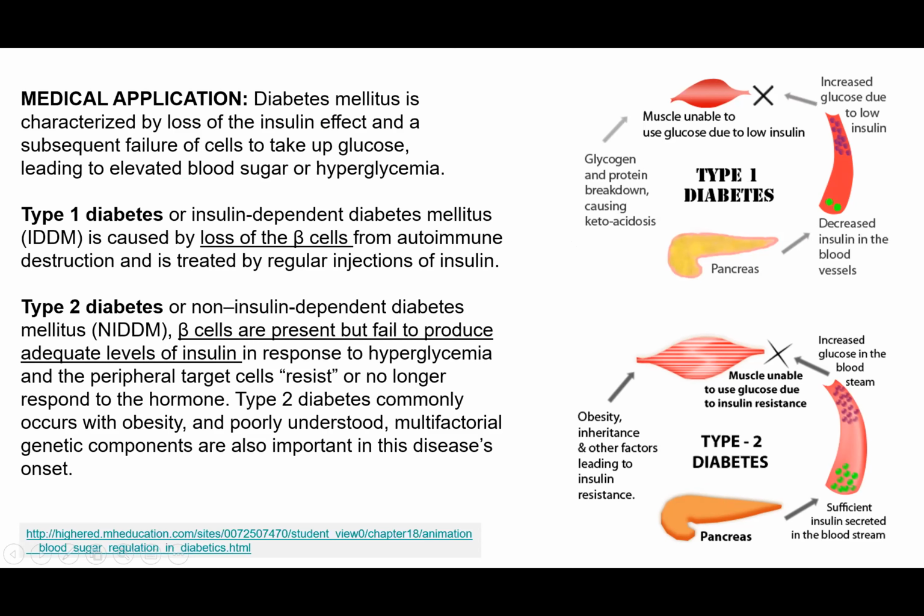Then you get increased glucose in the blood, decreased insulin, and you have this problem with acidic hyperglycemic blood. And type 2 diabetes is we don't have enough insulin. In the end, you do initially, but the receptors for the insulin are downregulated in target tissues, so they no longer respond.